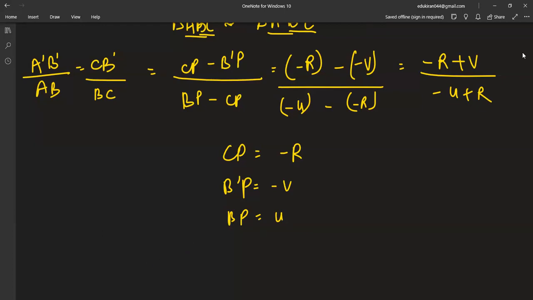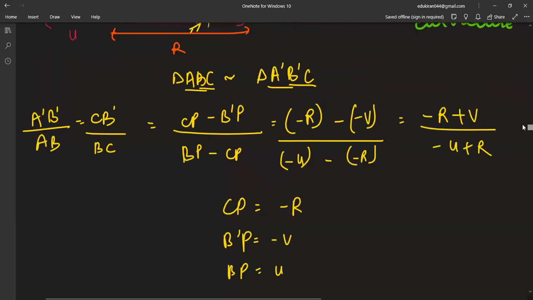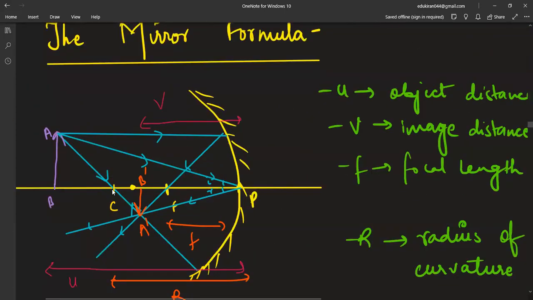Also, this is using the bigger triangle and this smaller triangle. One more triangle we have obtained. Why was this necessary? By these two rays only, the center of curvature one and the parallel one through the focus, we were already getting intersection. Why did we do this third one also? We obeyed the third law also.